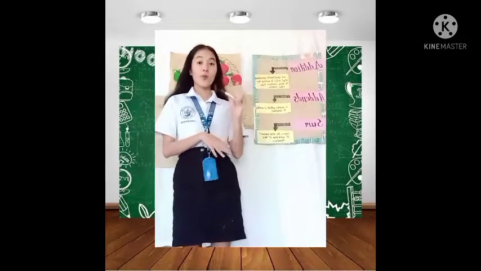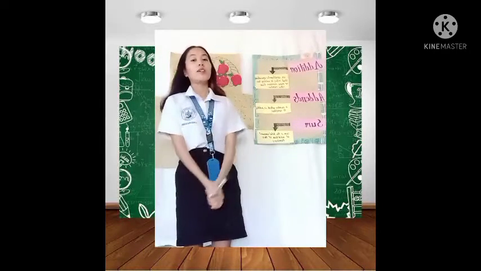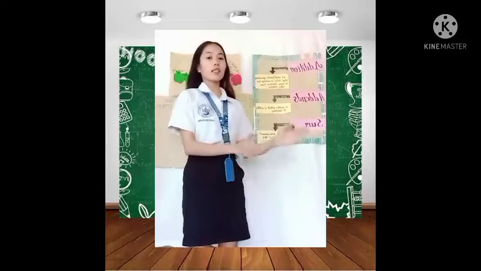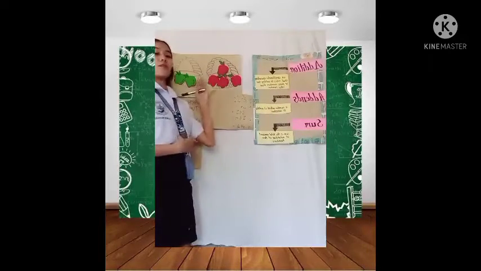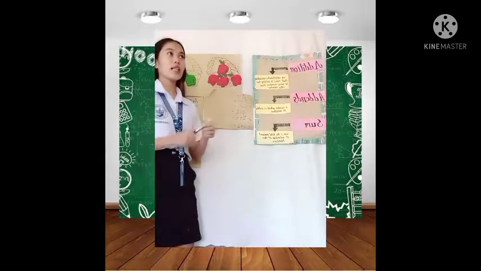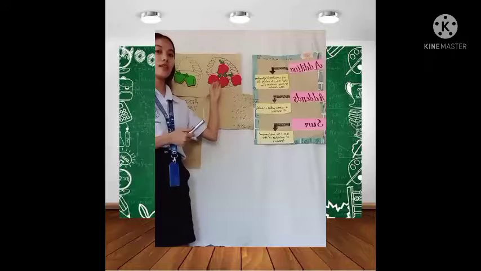Addition is an arithmetic operation that refers to adding two or more numbers to the other number. Yes, very good. So now, based on the activity that we have done a while ago, we will add those apples that you have placed in there.